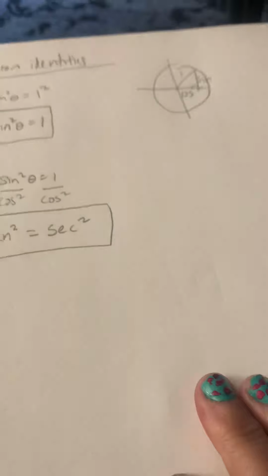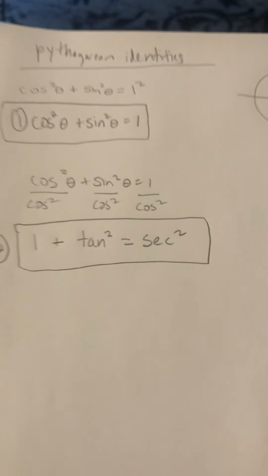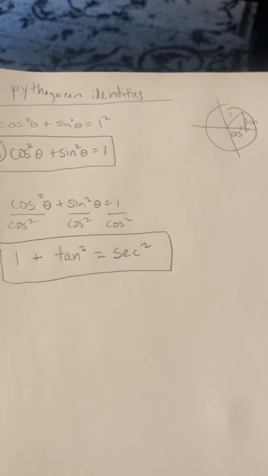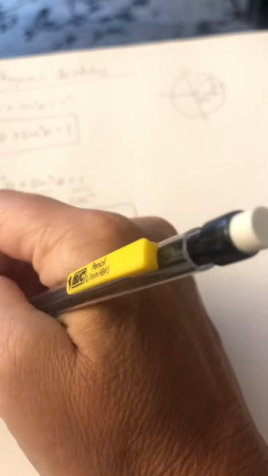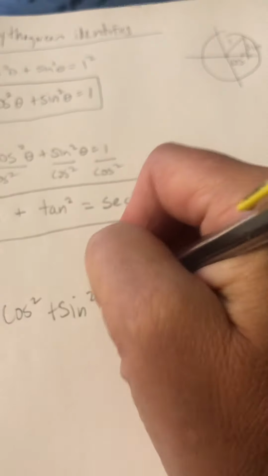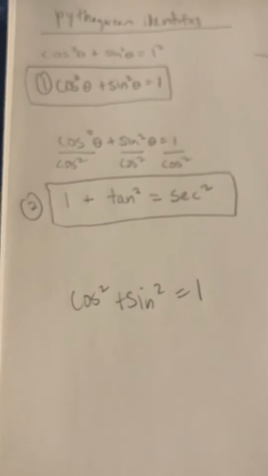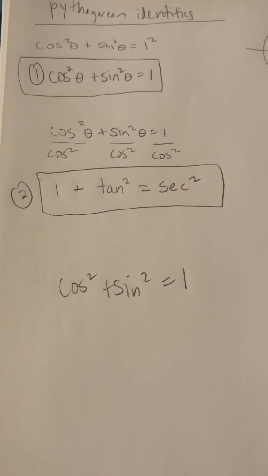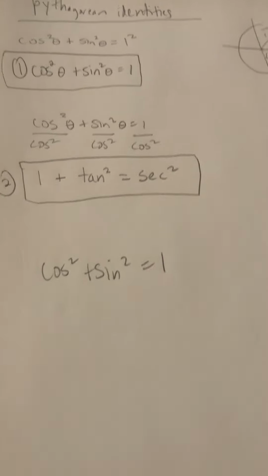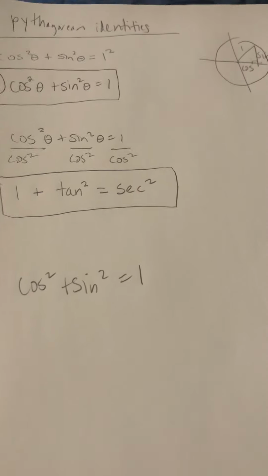Now, that's number 2. Now our third one we're going to get by dividing everything by sine squared. So you guys take a second. I want you to start with the original one. Cosine squared plus sine squared equals 1. Divide everything through by sine squared and simplify. So take a second.